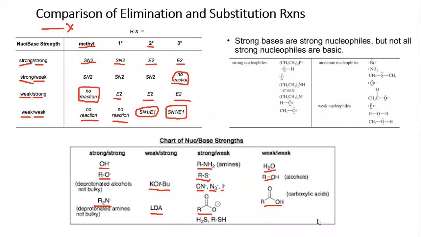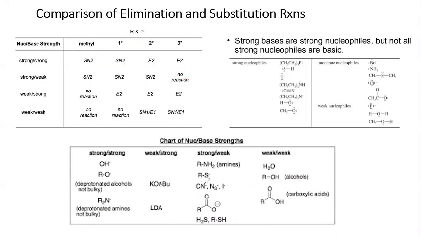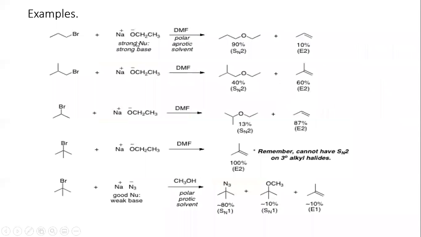We're going to look at one more chart to help summarize all of what we said here. And I like this chart because this is a good illustration of the different types of products you can have. So let's say we use a primary alkyl halide.